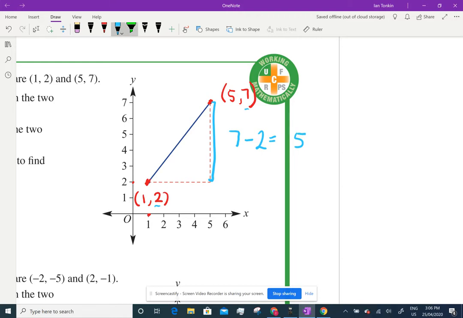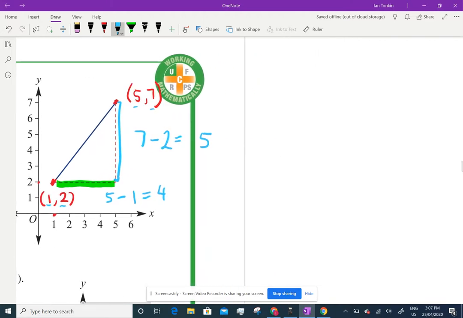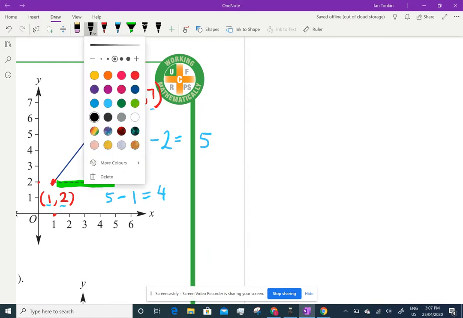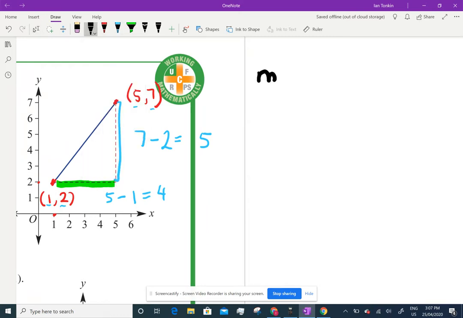And for this distance, I'm just going to subtract the x values: 5 minus 1, and that gives me 4. Now, once I know these distances, I can find the gradient and the distance quite easily. I already know it's positive, so the gradient is m, the rise over the run, 5 over 4.